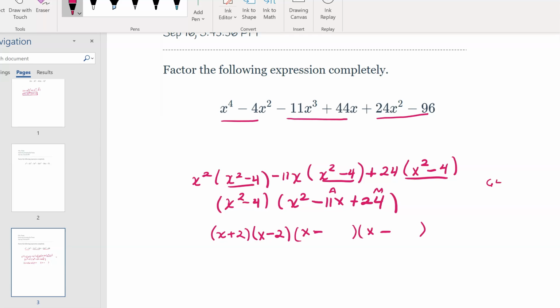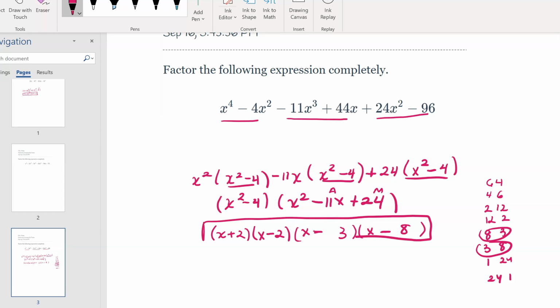So we have 6 and 4, 4 and 6, 2 and 12, 12 and 2, 8 and 3, 3 and 8, 1 and 24, and 24 and 1. And the ones that add to 11 are 3 and 8, or 8 and 3. It's really the same. And this is your final answer.